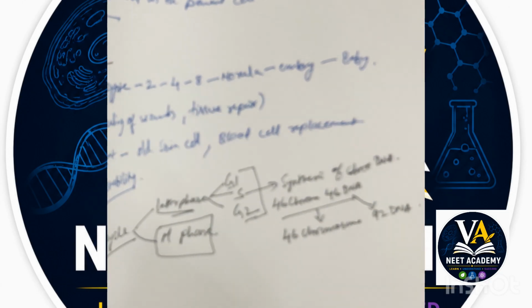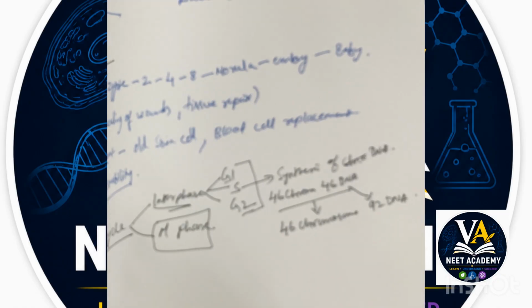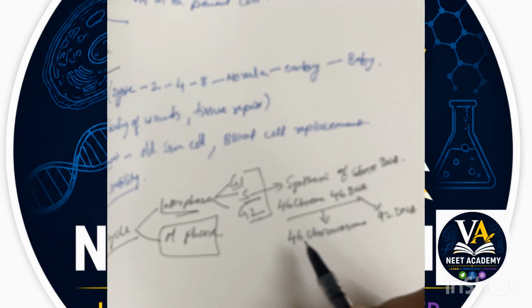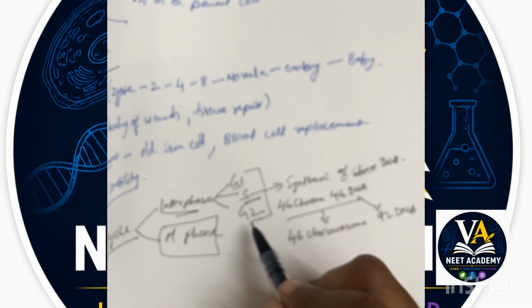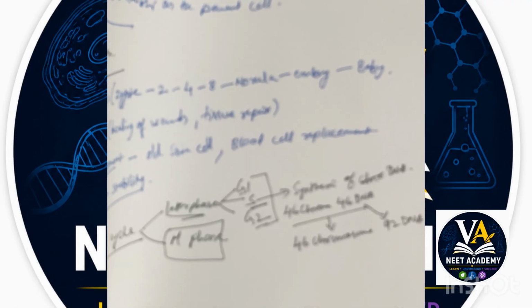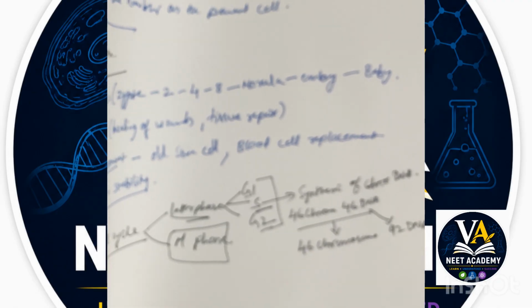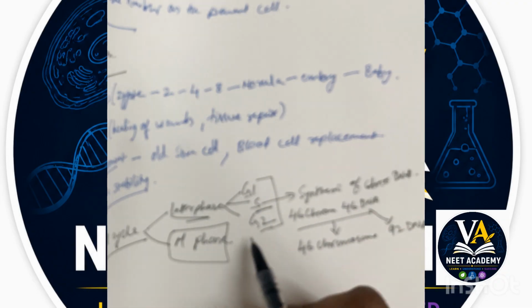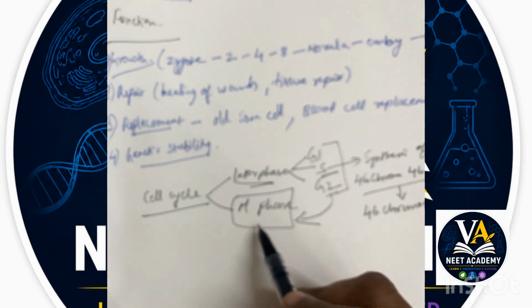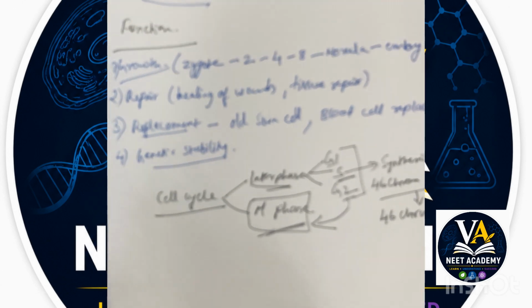So that's the role of the synthetic phase in interphase. After all this process is over, in G1 and G2 phase the cell gets ready, they grow, the organelles multiply, etc., that we have seen yesterday. So they prepare themselves to enter into the M phase. Now today we are going to talk in detail about the M phase.